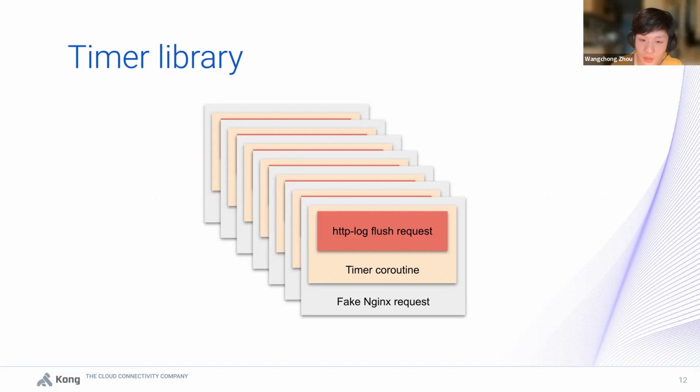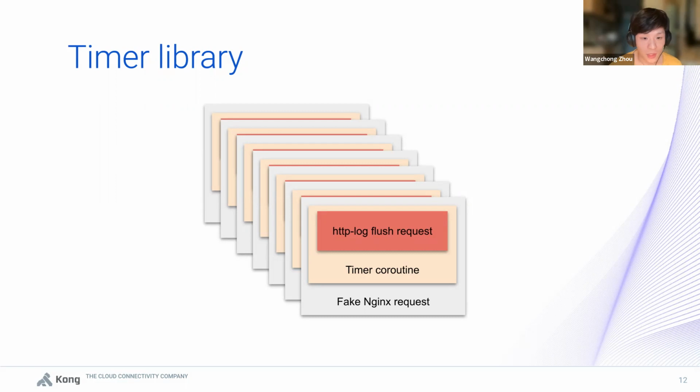What we observe is that using the timer is not free. It's basically like a fake request, and also OpenResty stores some context. When you want to access it in the timer, it's not going to give you O(1) complexity. It's going to get more complex as the number of timers grows. So it's like O(N) complexity here.